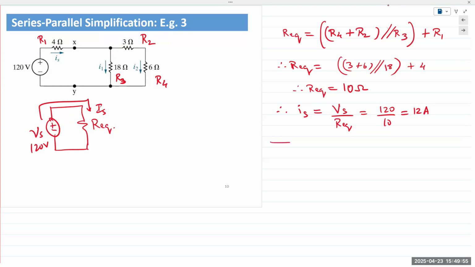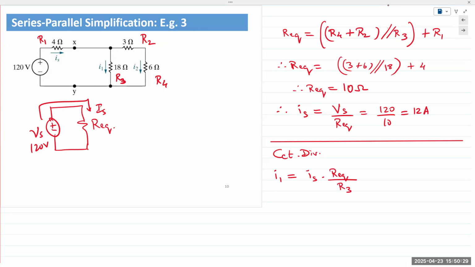I'm going to write out the steps. You can calculate later. Current division: I1 is equal to Is times REQ divided by R3. REQ in this case is going to be the parallel combination of 18 and 9.